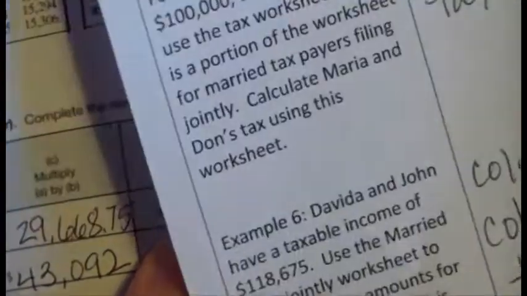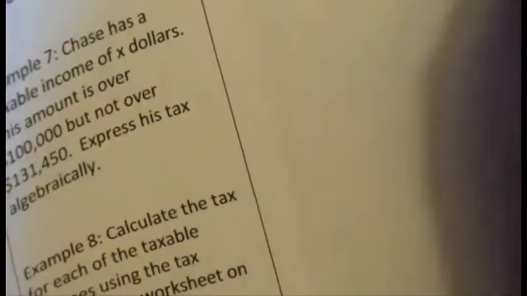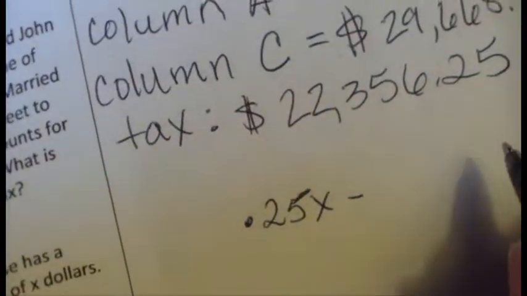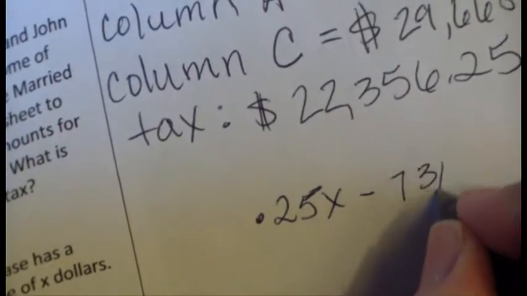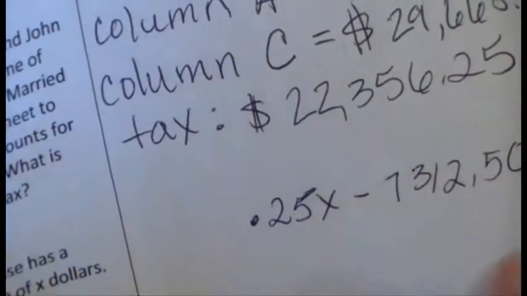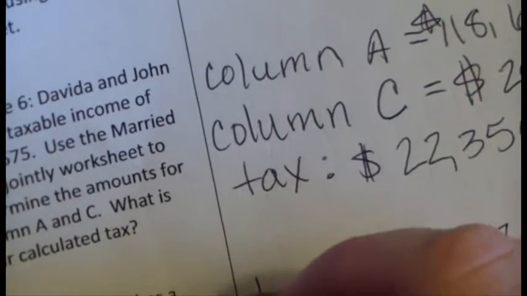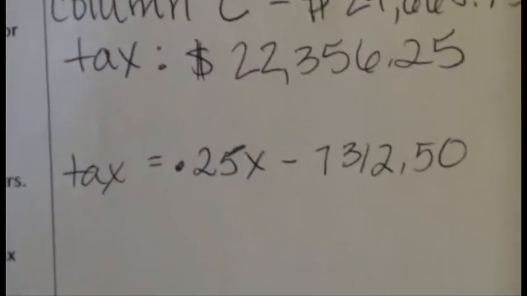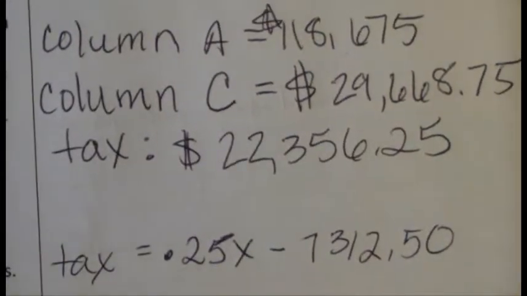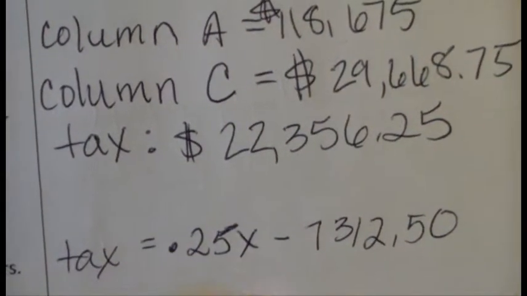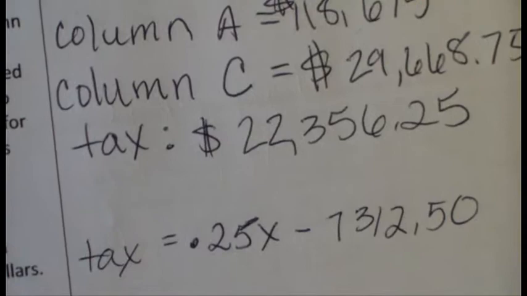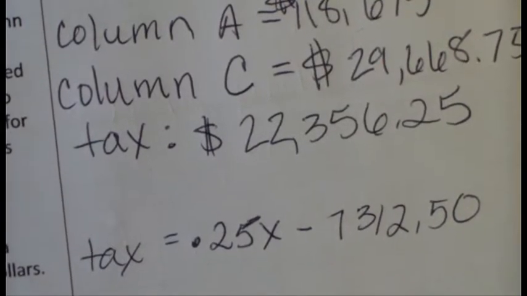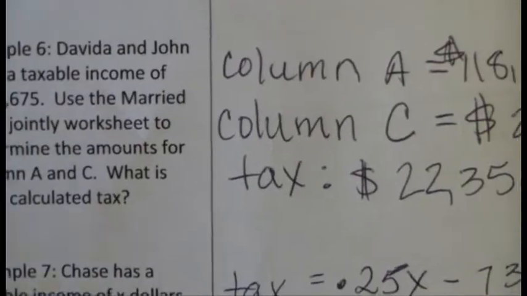And then we subtract off, so minus $7,312.50. And that gives you your tax. So that would be our equation right there. Now, if you want to double check, we can plug in our taxable income from part number 6, because that was using the same column on our tax table.